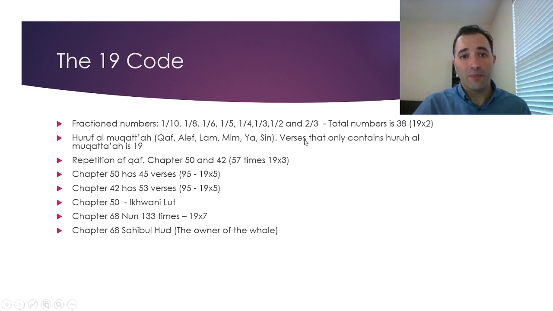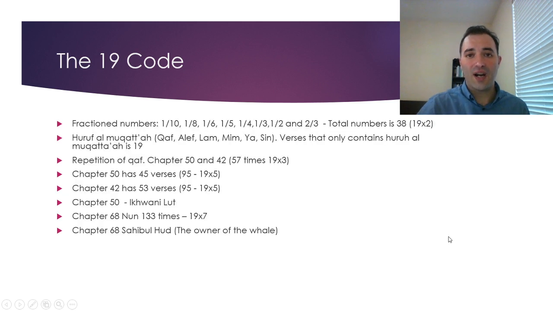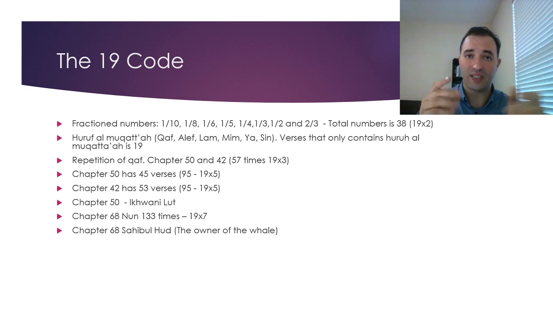Among these fractional numbers, there are a total of 38 numbers, which is 19 multiplied by 2. So the number of repetitions of numbers is also a multiple of 19. Not only can the total of the numbers be divided perfectly by 19, but as well the total count of numbers that appear in the Quran is 38, which is 19 multiplied by 2.